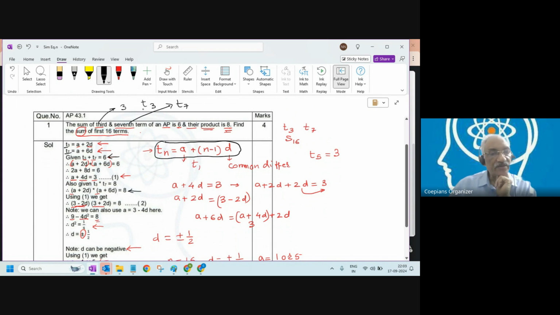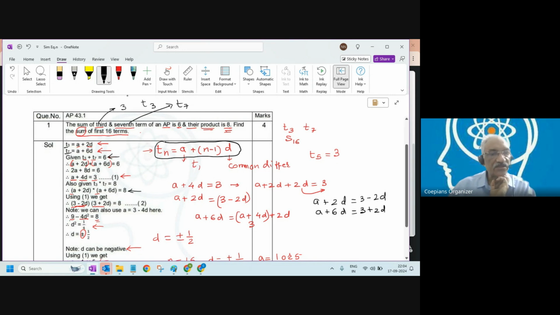One of the tricks that we implemented is, instead of getting into a too complicated quadratic equation, we simplified it by writing a plus 2d as 3 minus 2d, a very important step, and a plus 6d we wrote as 3 plus 2d, and then multiplied using the formula x square minus y square.